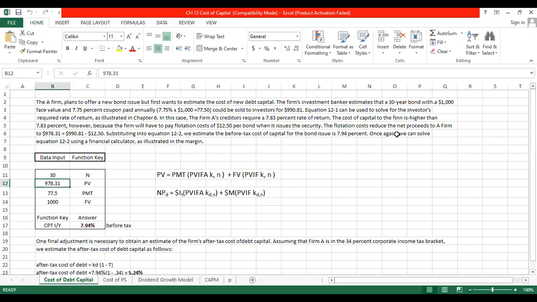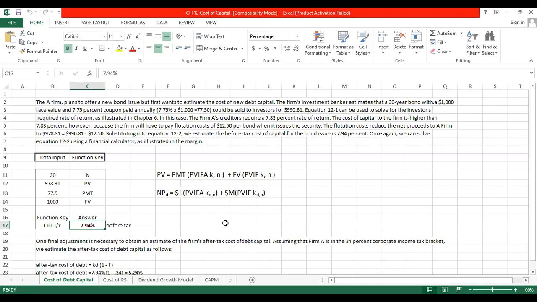The payment is the yield that you have to pay every year, $77.50. Your future value is your maturity date, the 1,000 here. Then you use this function, compute, and you can find 7.94%.